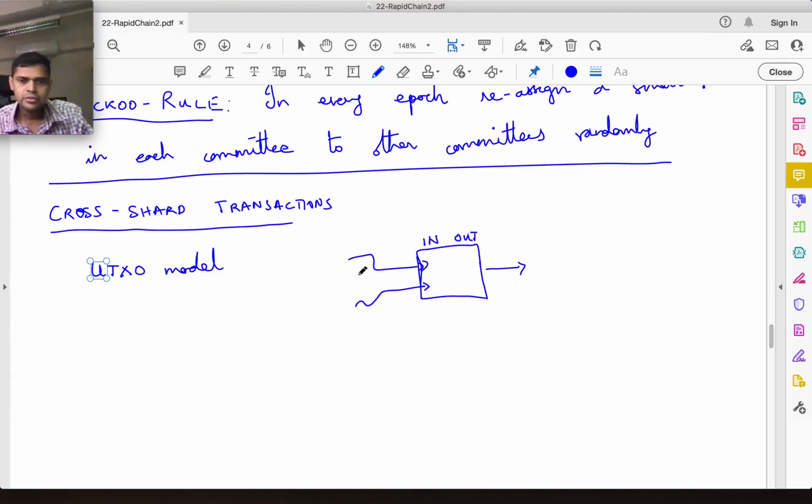Now the issue could be that it's possible that these might be in different shards. This is just an example.